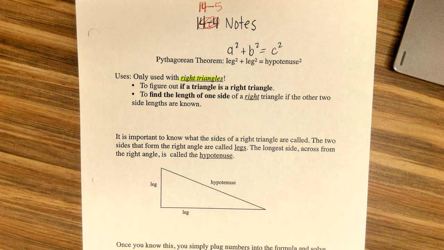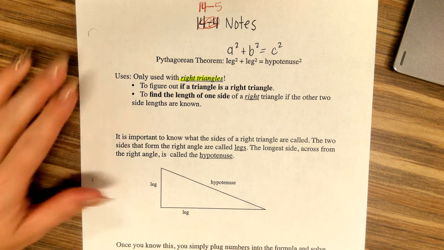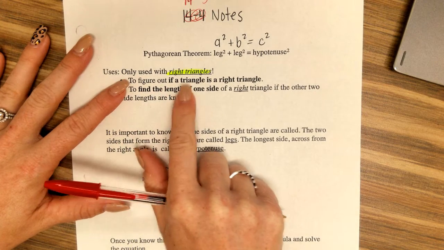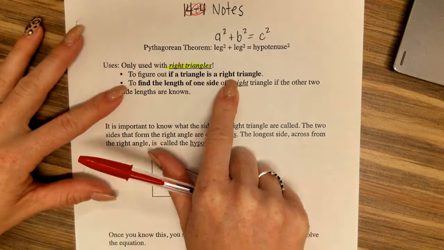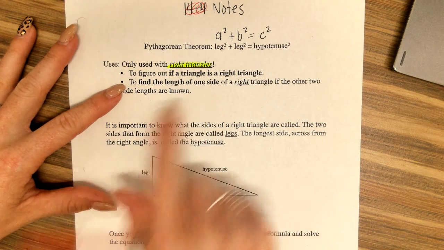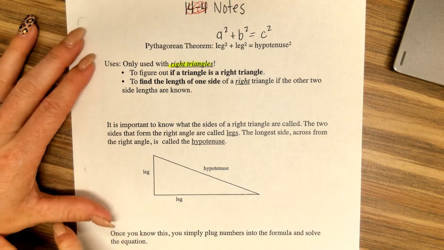And so that is what Pythagorean theorem is. Okay, so we use Pythagorean theorem to figure out if a triangle is a right triangle, and we use it to find the length if there's a missing side of a right triangle.